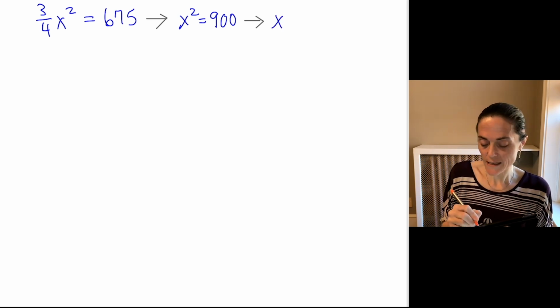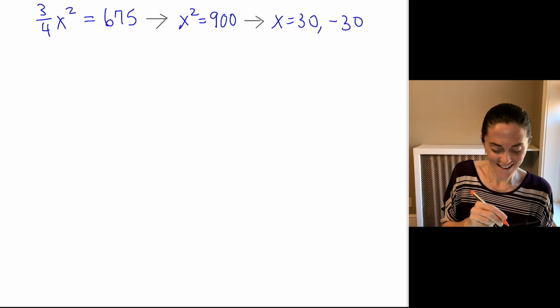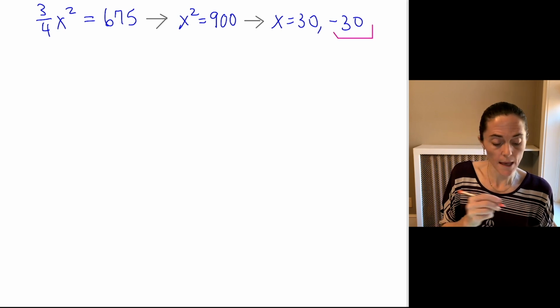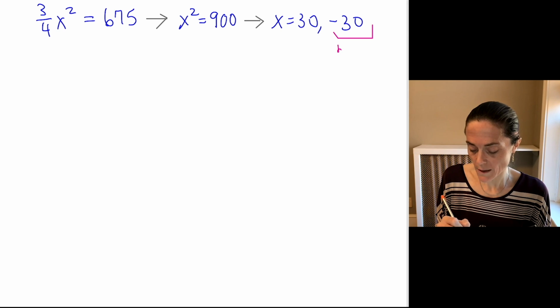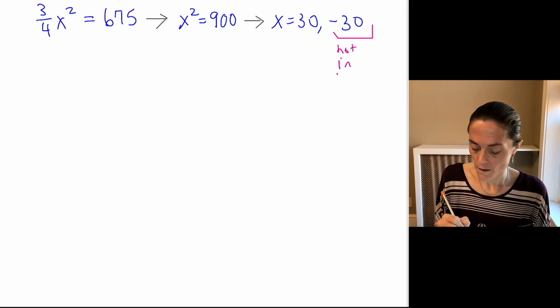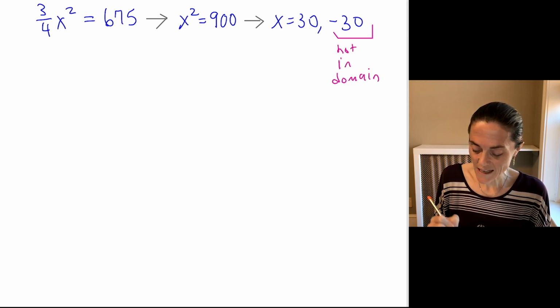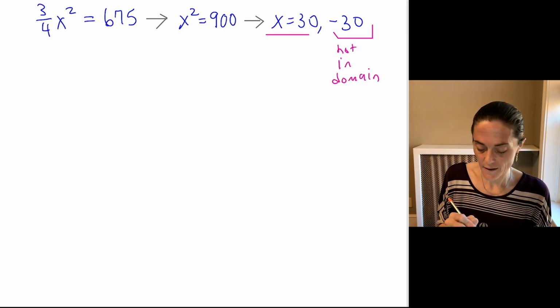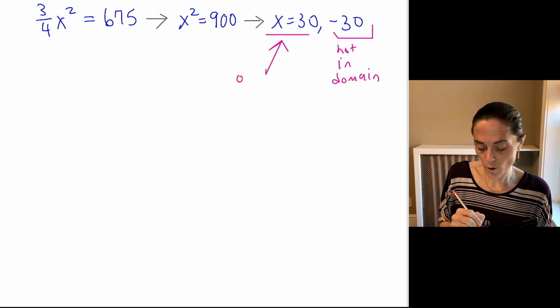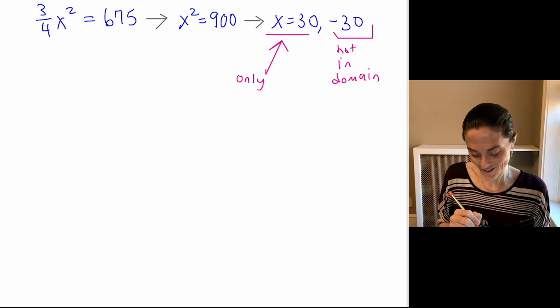We would have x is 30 and minus 30. However, this one is not in the domain. We cannot have a negative length of a box, so not in the domain. And so the conclusion is we have just one critical point. It's right here. This is the only critical point on our open interval.